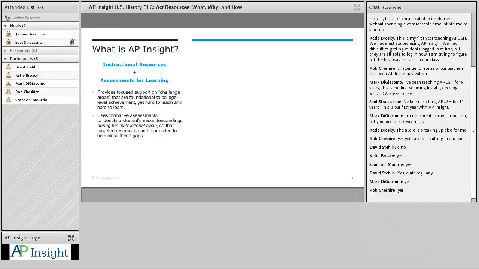And there are 10 of those, as you know. AP Insight uses formative assessments in order to identify where students misunderstand, where you can tell what they know, what they don't know, what they understand, what they don't understand, what they can do, what they can't do.